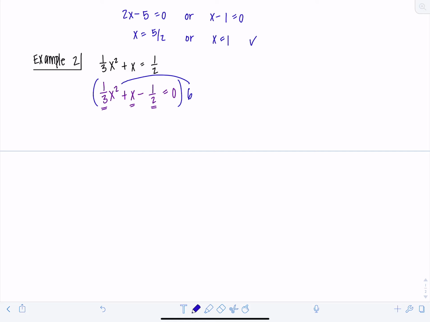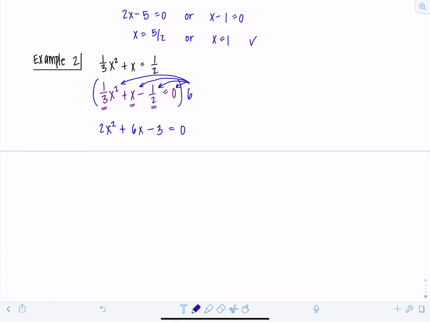So I'm distributing that through to each of the terms. We have the following: 2x squared plus 6x minus 3 equals, and 0 times 6 is still 0. And so now this equation will have the same solutions as the original, but it will be a lot nicer to work with in the quadratic formula.